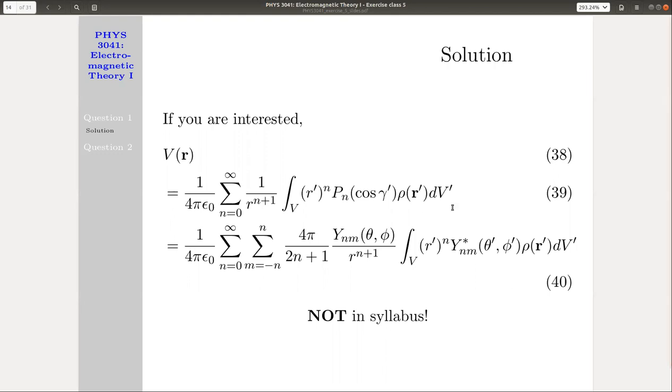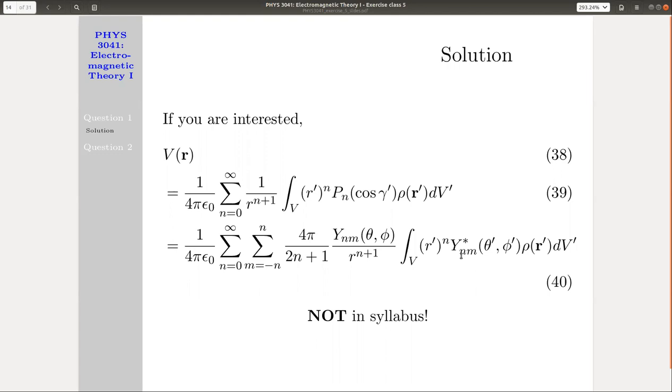But it will involve some more complicated functions, the Y l m here. So if you want to express the expansion in terms of theta prime, phi prime, and r prime, it will take a formula like this.